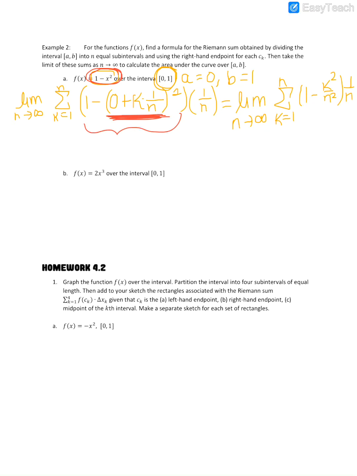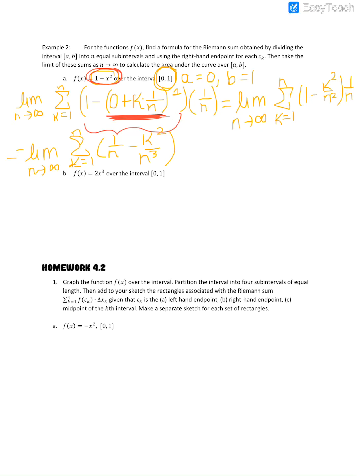All right, let's distribute the 1 over n. Limit as n goes to infinity, Riemann sum of k equals 1 to n, 1 over n minus k squared over n cubed. Okay, I brought in the 1 over n.